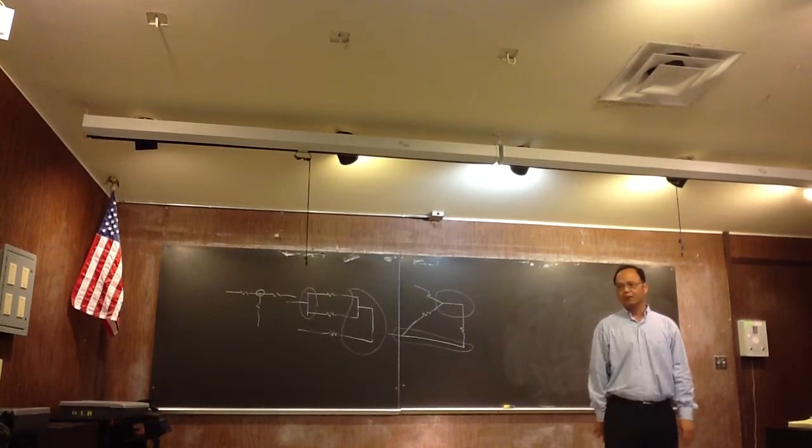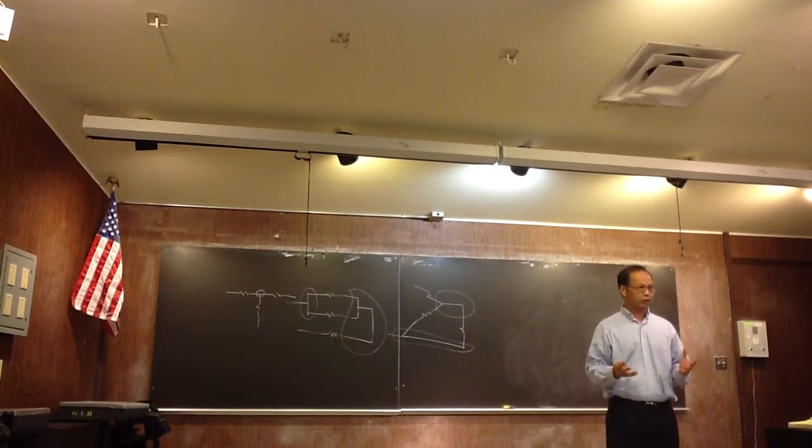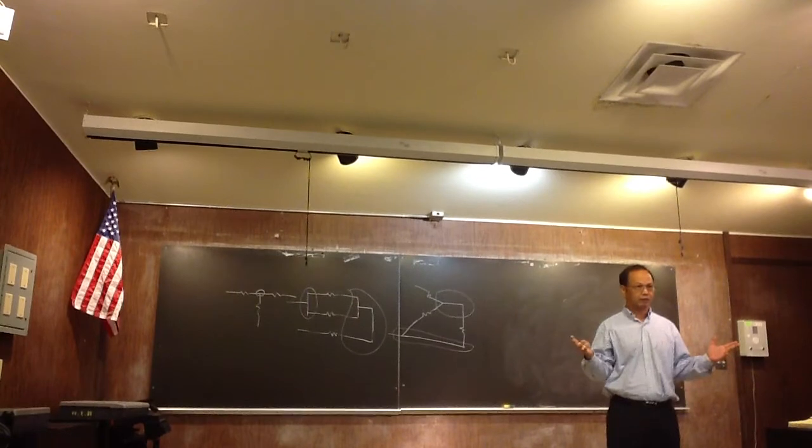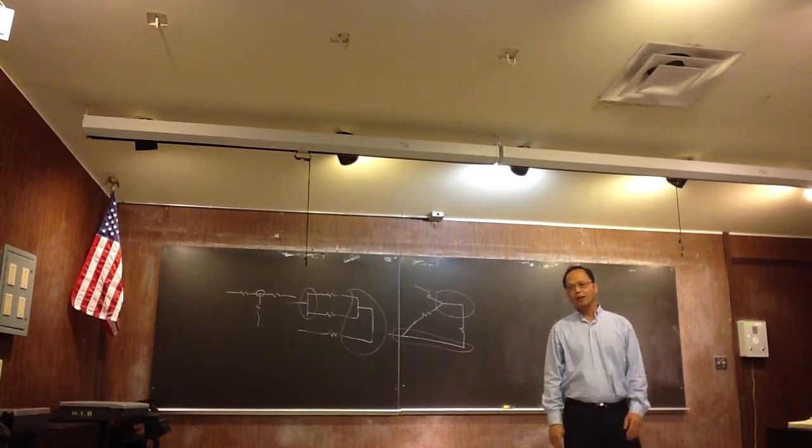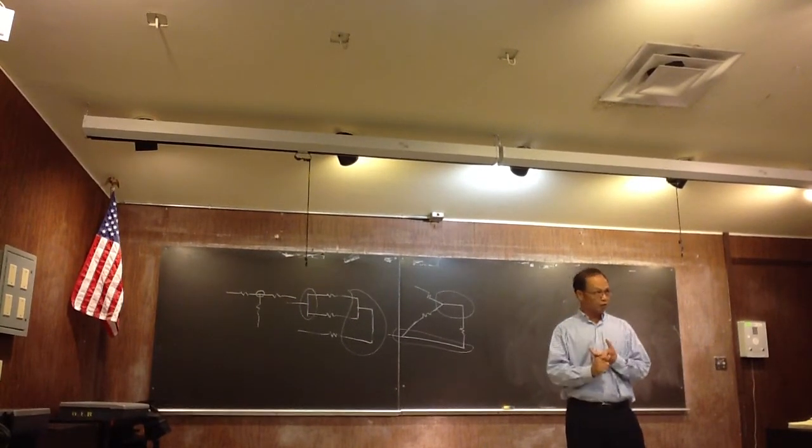Then we talk about several important laws. Ohm's law, very simple: current is equal to the voltage divided by the resistance. And then we talk about the Kirchhoff voltage law, KVL, and the Kirchhoff current law, KCL.